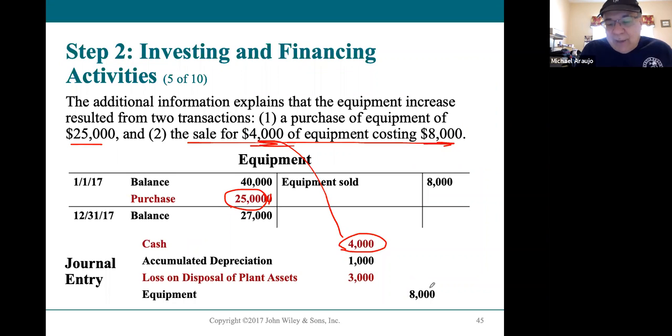It was an $8,000 piece of equipment that had $1,000 in accumulated depreciation. So when you reverse that out, you'll see that the loss in this case is $3,000 because the book value of the equipment would have been $7,000, right? They got $4,000 cash. The loss is $3,000. Well, this cash is the important thing that we need to know for our cash flow statement.